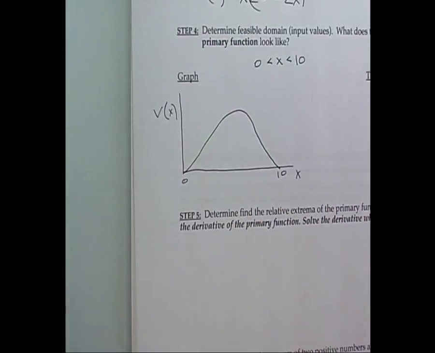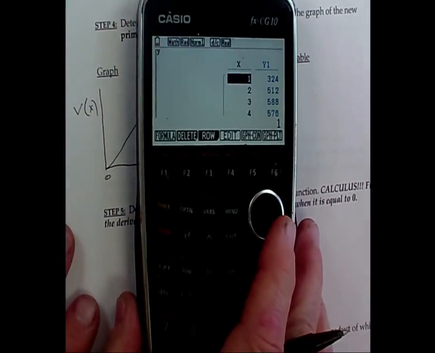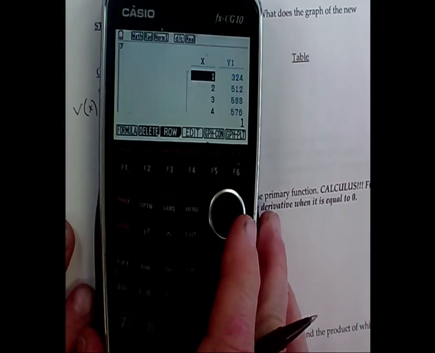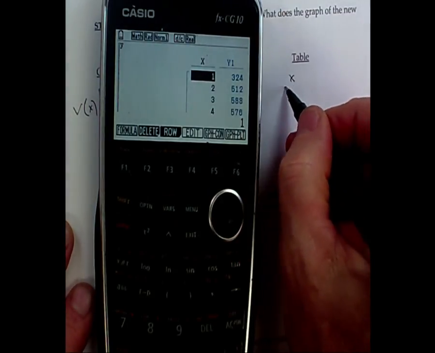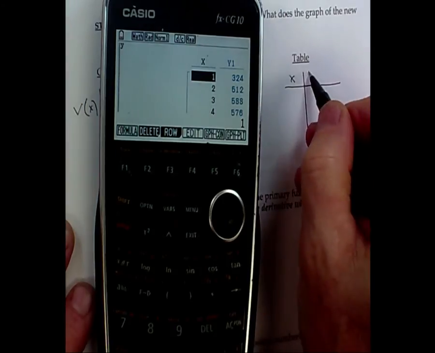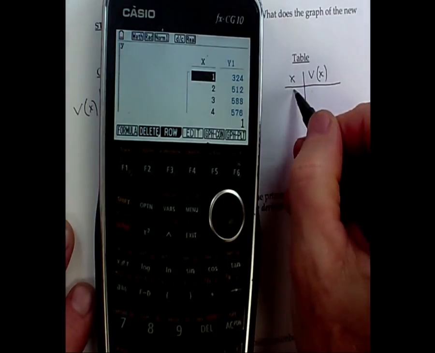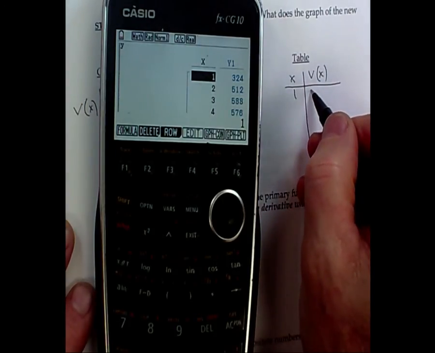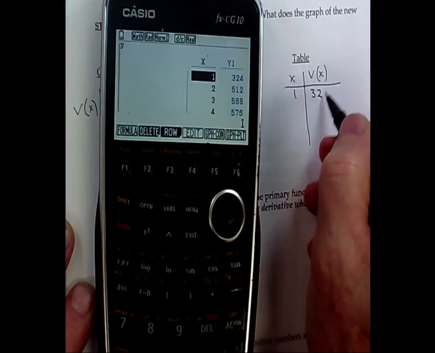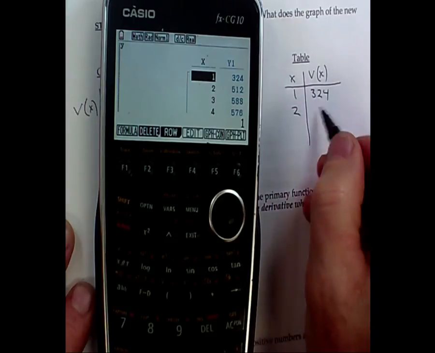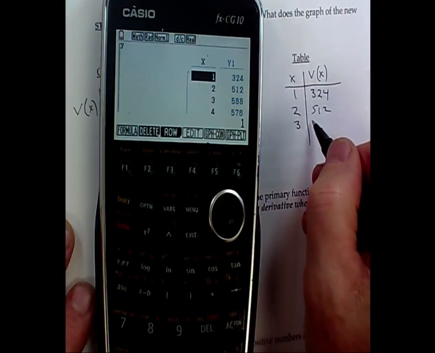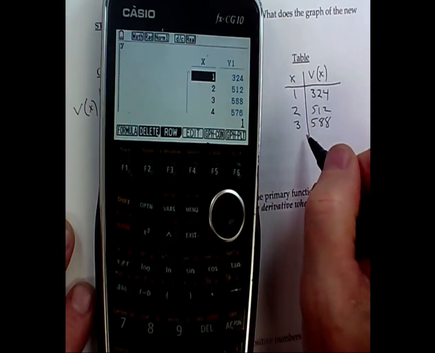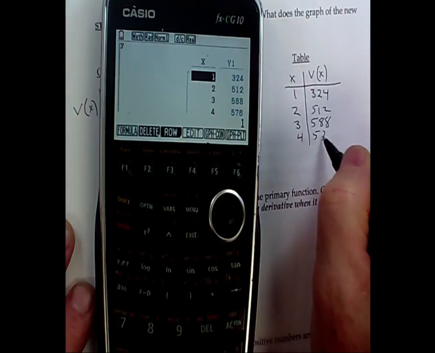And so here's mine. Now, I'm going to write down my table here. 1, 324. 2, 512. 3, 588. 4, 576.